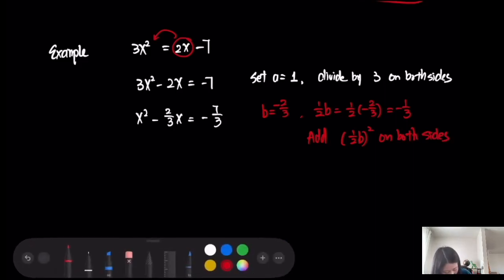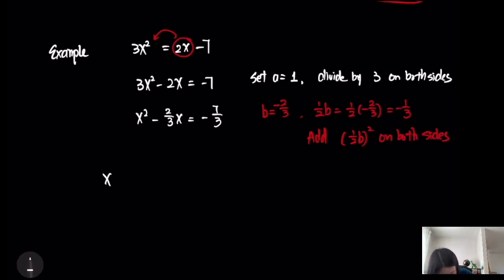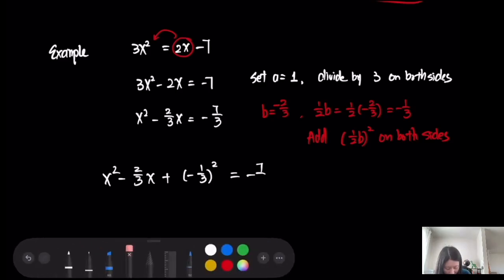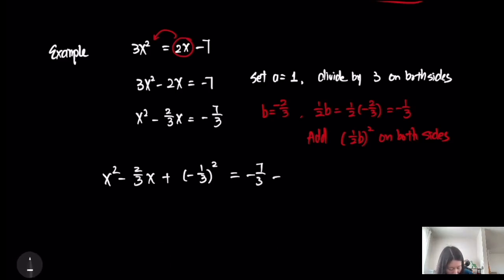Then my equation, I got x squared minus 2/3 of x, adding negative 1/3 squared, equals negative 7 over 3, adding negative 1/3 squared.